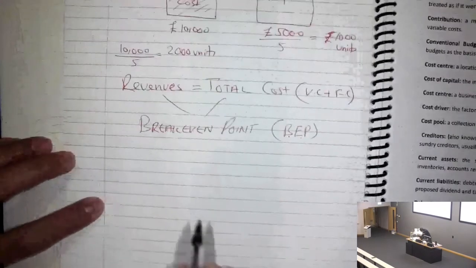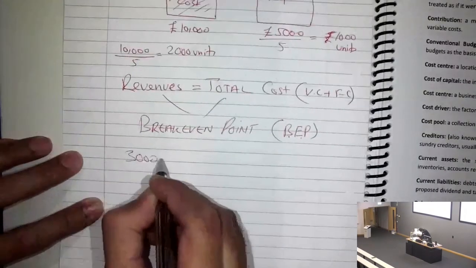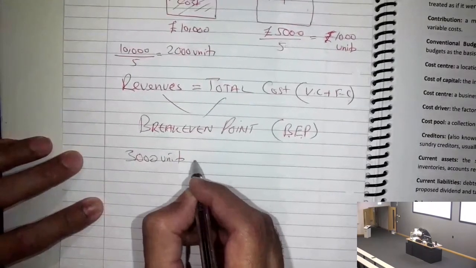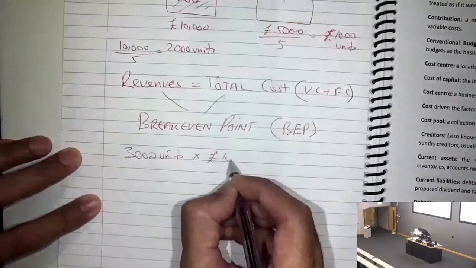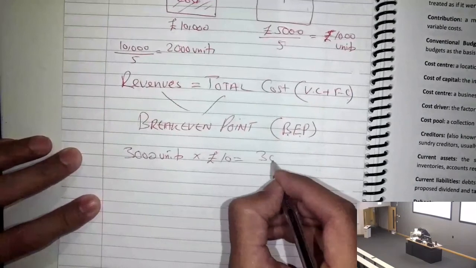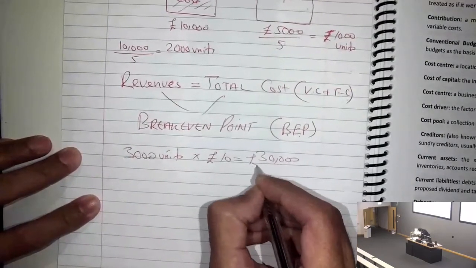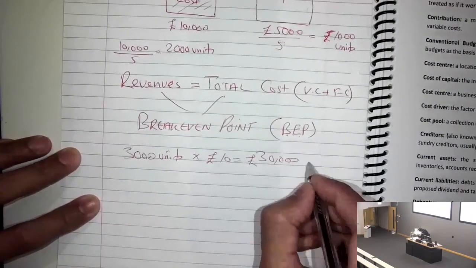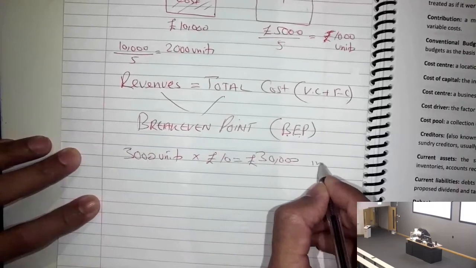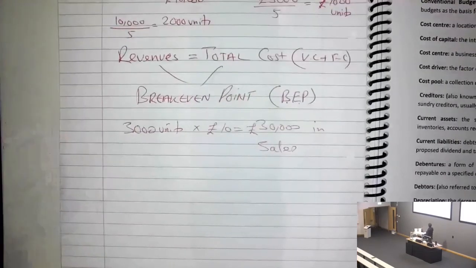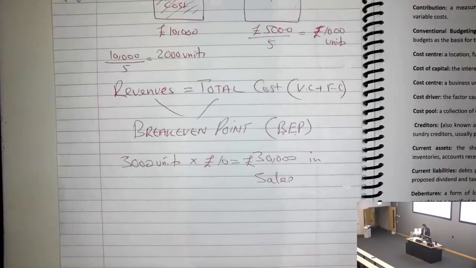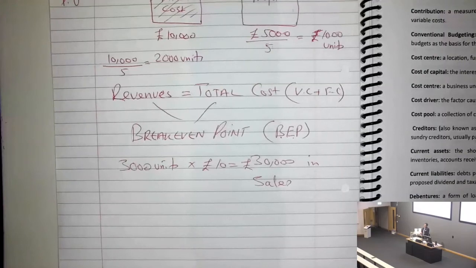If we sell 3,000 units, we are selling each for £10, we need to make £30,000 in sales. That is the second bit of planning.